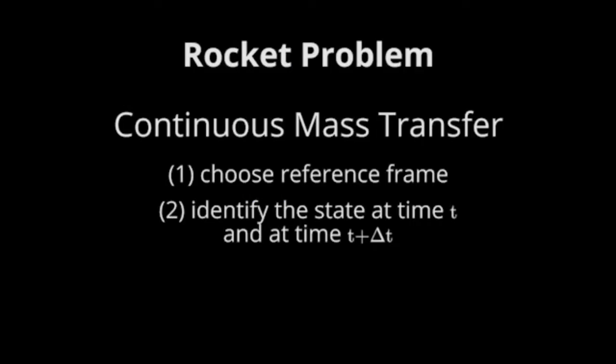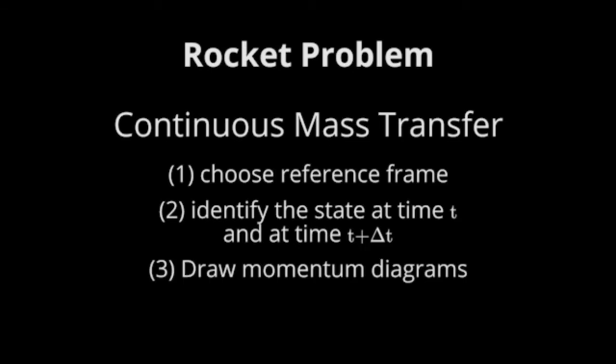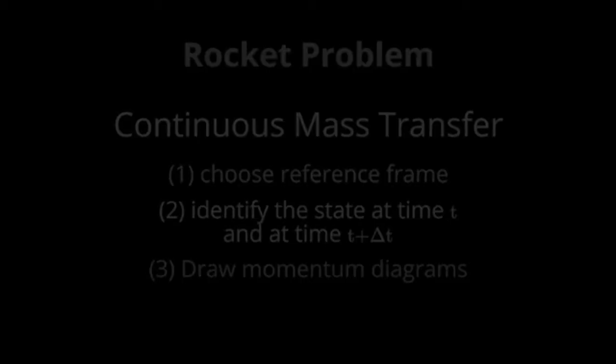So we can take a state at time t, and then our second state occurs a small time afterwards, time t plus delta t. And what we want to do is now represent the state changes by momentum diagrams. That will lead us to a differential equation, which is called the rocket equation, and that's how we'll analyze all continuous mass transfer problems.